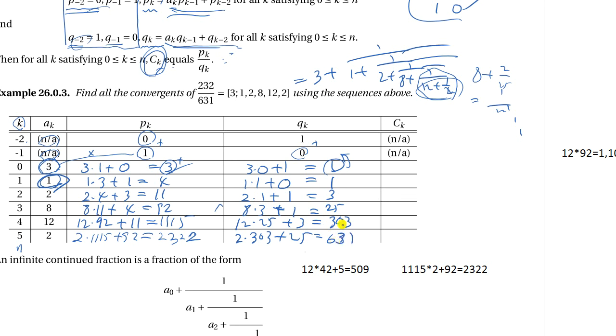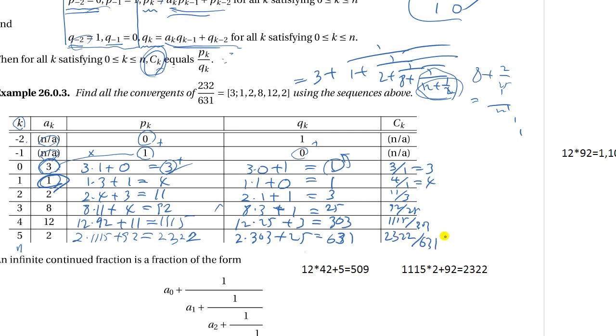Okay. So this one is p0 over q0, which is 3, and p1 over q1 is 4, right? And 11 over 3, 92 over 25, 1115 over 303, and 2322 over 631.